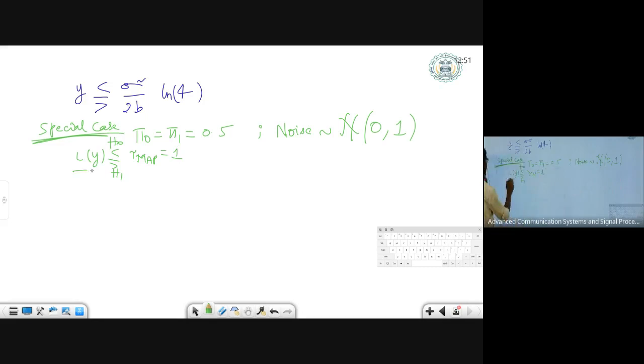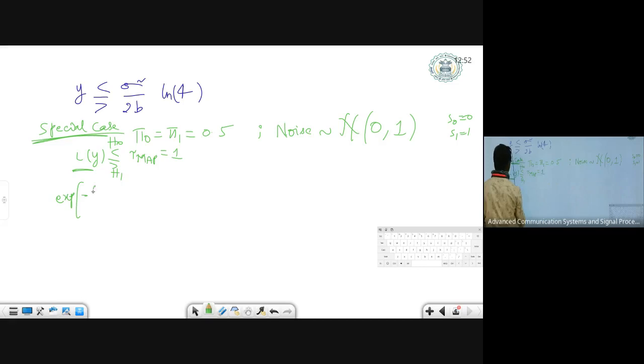If I calculate this, the 1 by root 2 pi sigma square in the numerator and denominator will both be the same. So the exponential of the numerator, and let us assume that the source symbols are 0 and 1, so s naught is 0 and s1 is 1: minus x minus mu whole square by 2 sigma square.